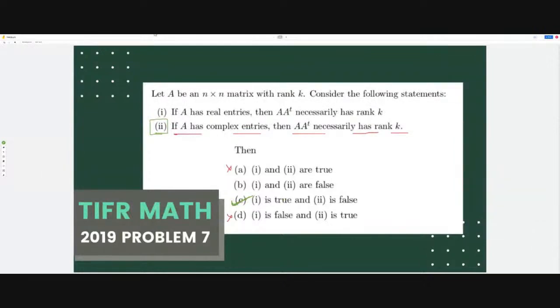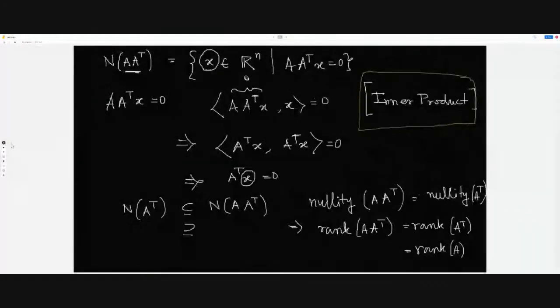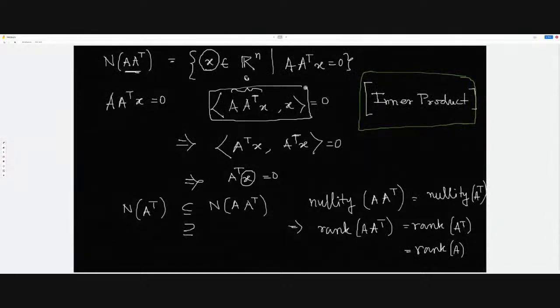Option 2 would have been true if we had the conjugate transpose. If we had tackled it like this, then by the same inner product argument, we could have concluded that it is also true for complex entries as well.